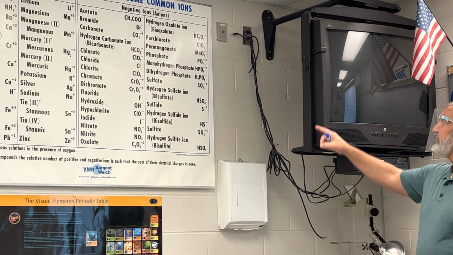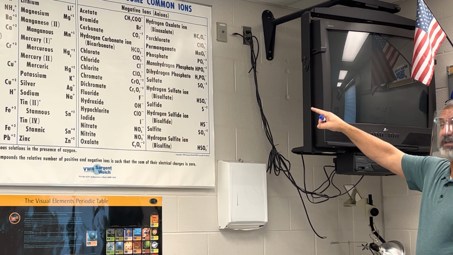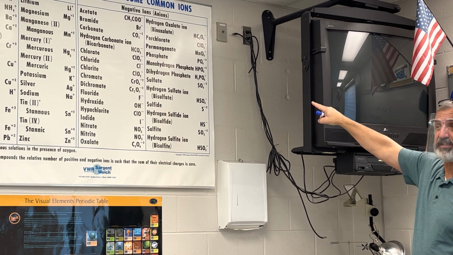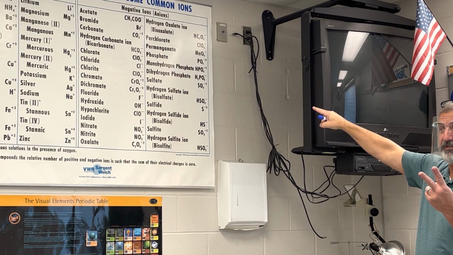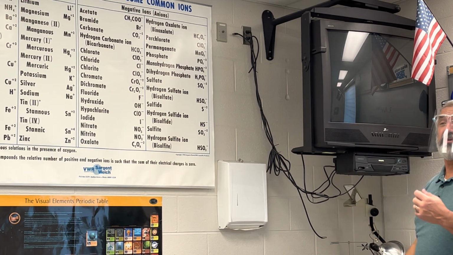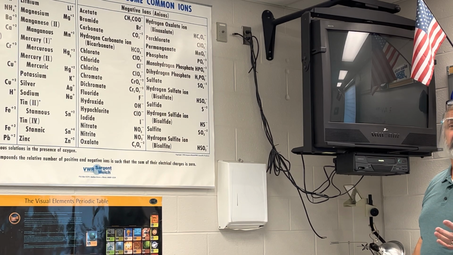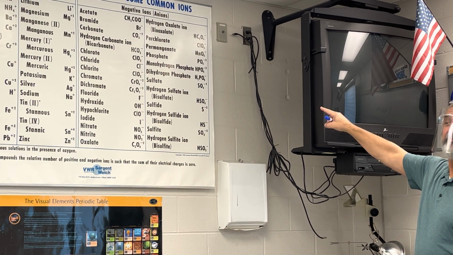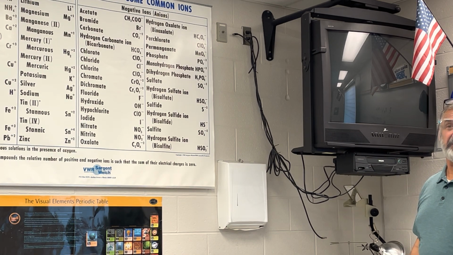But if they said sodium phosphate dibasic, that means it's combining with monohydrogen phosphate, so it can only accept 2 more hydrogens. Or if it's sodium phosphate monobasic, that means it's combining with the H2PO4 minus, because it can only accept 1 more hydrogen.